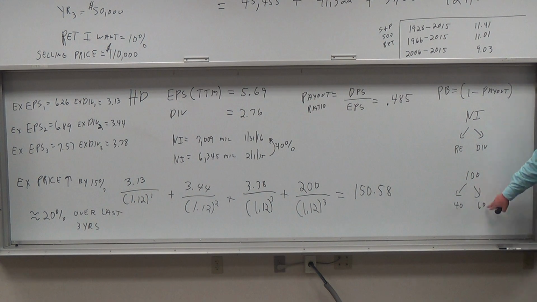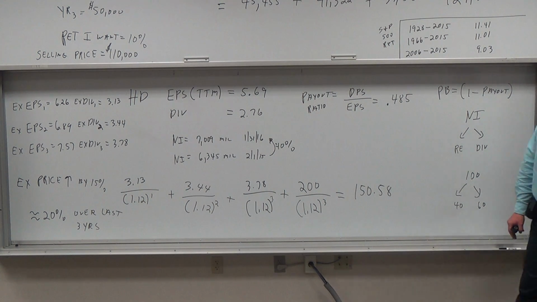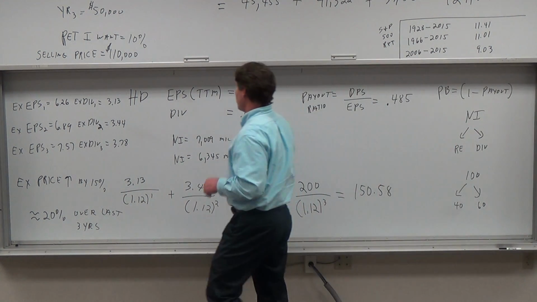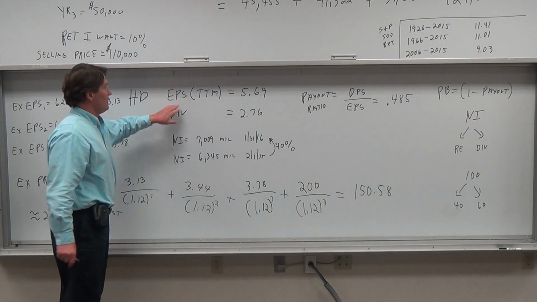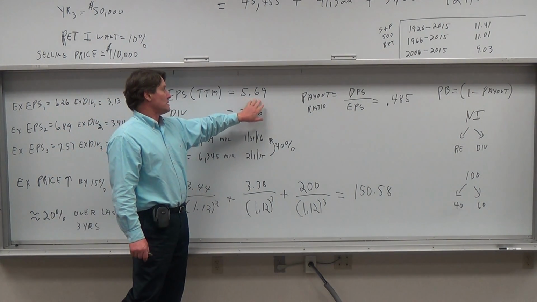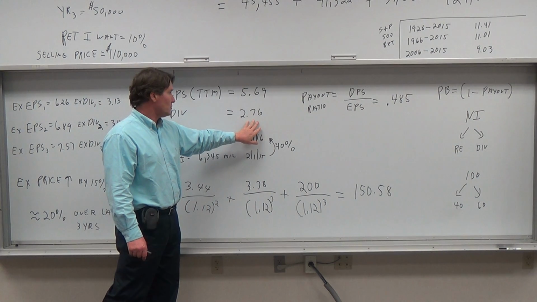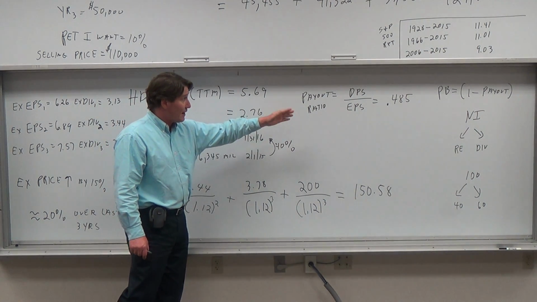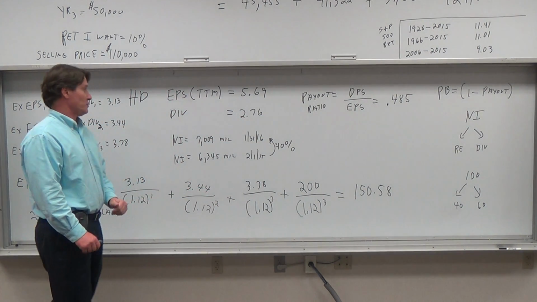It is paying out 60%, and plowing back 40% of earnings into the business. So what I did was I went to Yahoo Finance, and I noticed that they earned $5.69 per share. They paid out $2.76. Their payout ratio was about 50%.